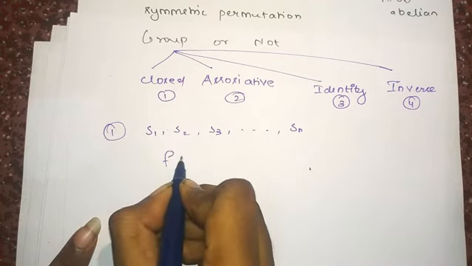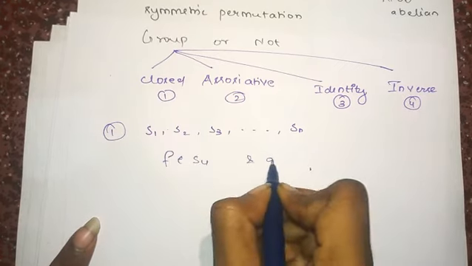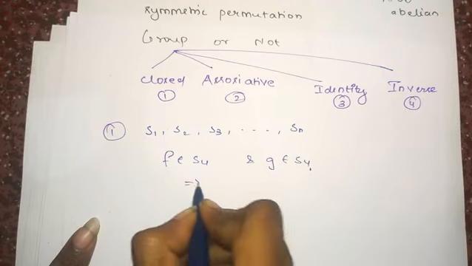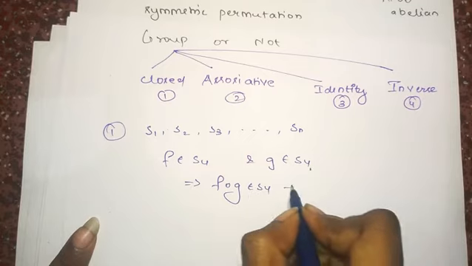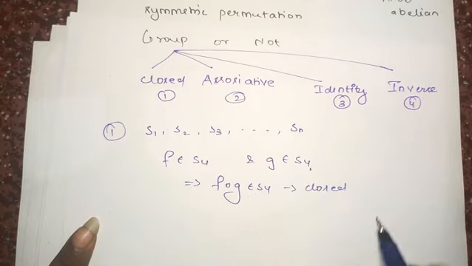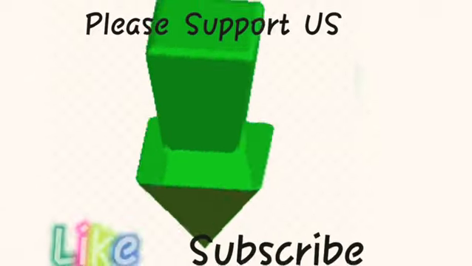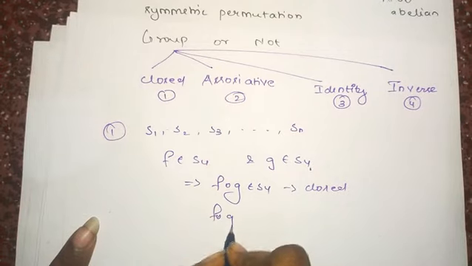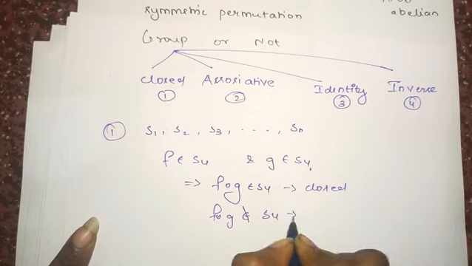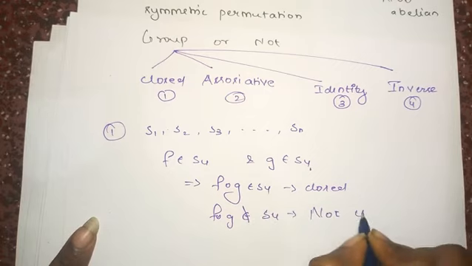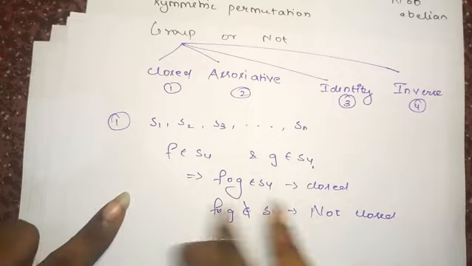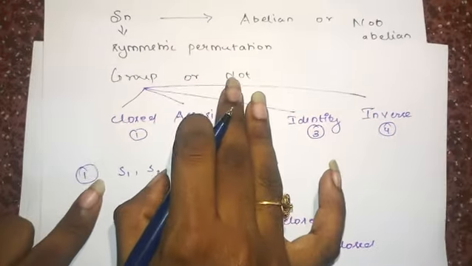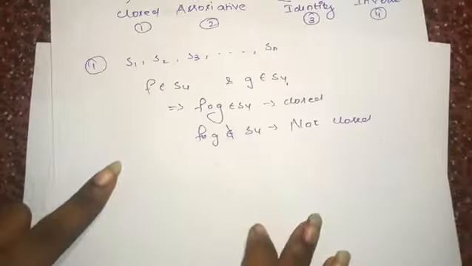That is, F in S4 and G in S4 implies F composition G is also in S4 if it is closed. If F composition G is not in S4, then we can stop here and say that it is not a group and it is non-abelian.